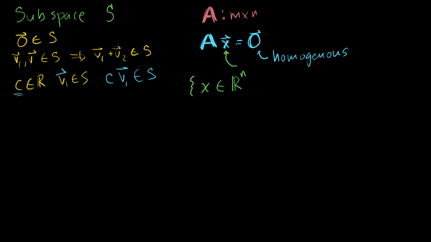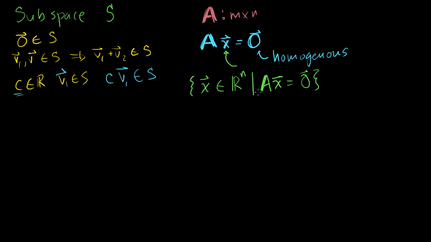If x has to have exactly n components, only then is it defined. So let me define a set of all of the vectors that are a member of Rn where they satisfy the equation A times my vector x is equal to the 0 vector.